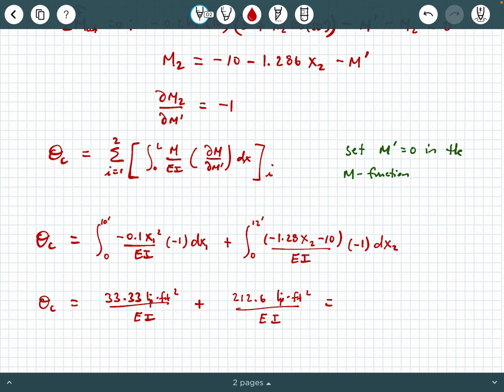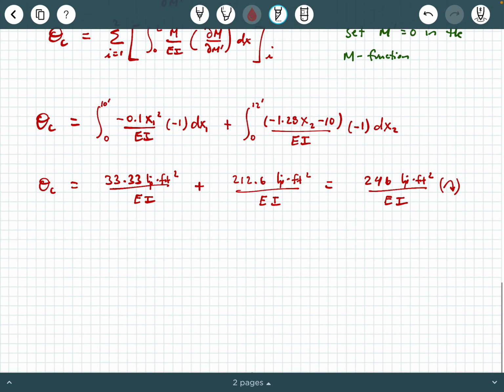And we can add those together and we get 246 kip feet squared over EI, rotating clockwise because it did come out as positive, right? These partial derivatives that were negative filtered through and flipped the signs and made it all positive, all right?